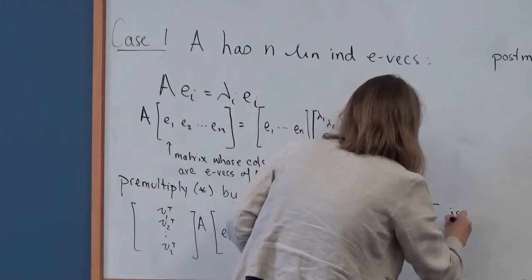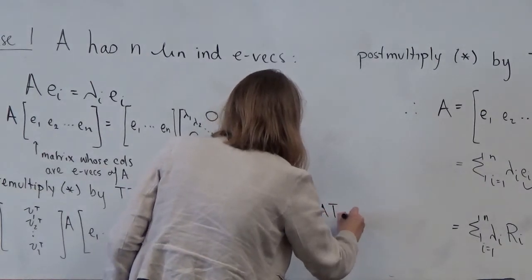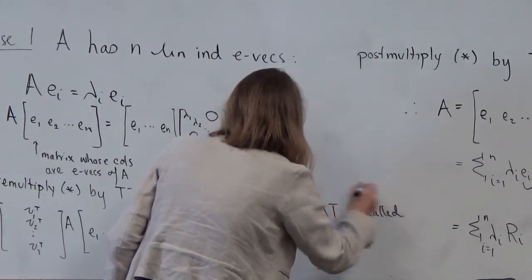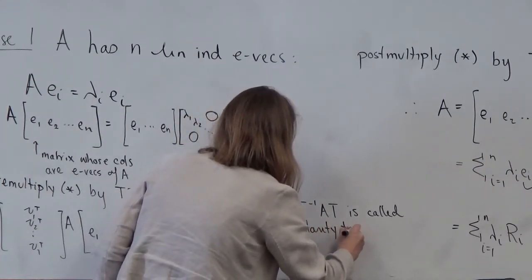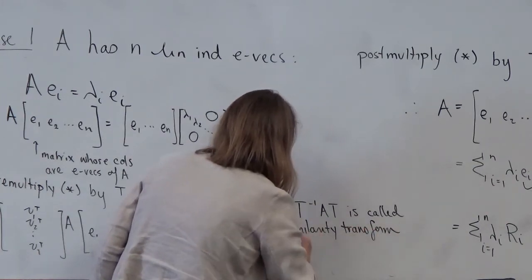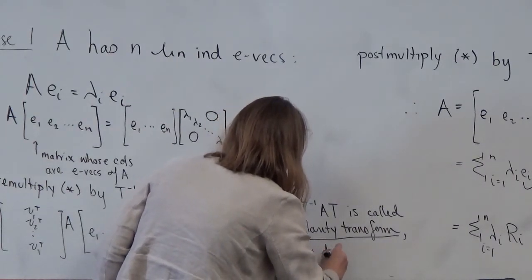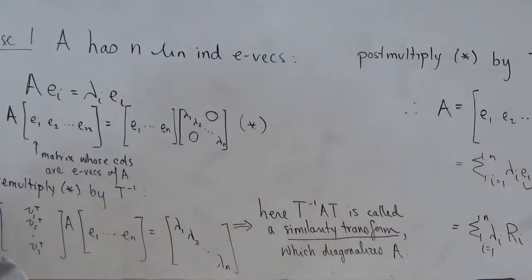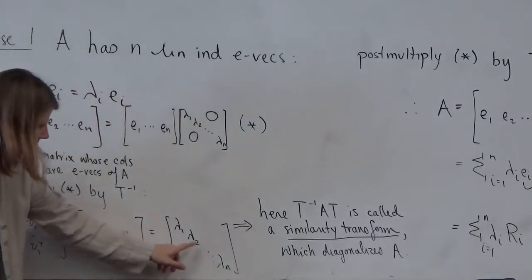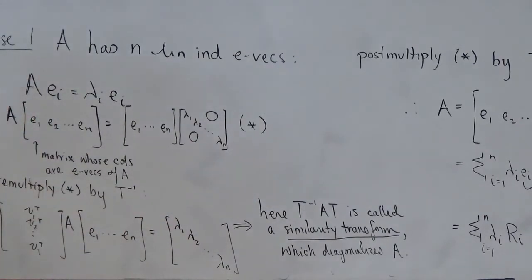Here, T inverse A T is a similarity transform, and it's a particular similarity transform which diagonalizes the matrix. The right-hand side is my diagonal matrix, whose eigenvalues are the same as the eigenvalues of the matrix.